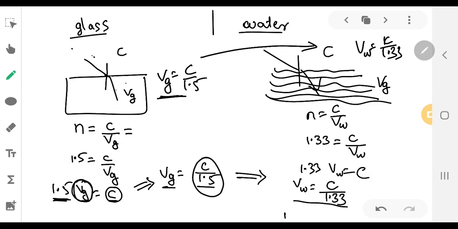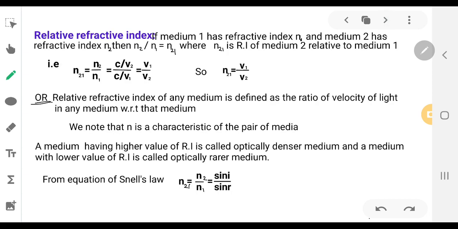It means glass is offering more opposition to the velocity of light. So it is called an optically denser medium. Where there is more opposition to the velocity of light, that medium is called an optically denser medium.